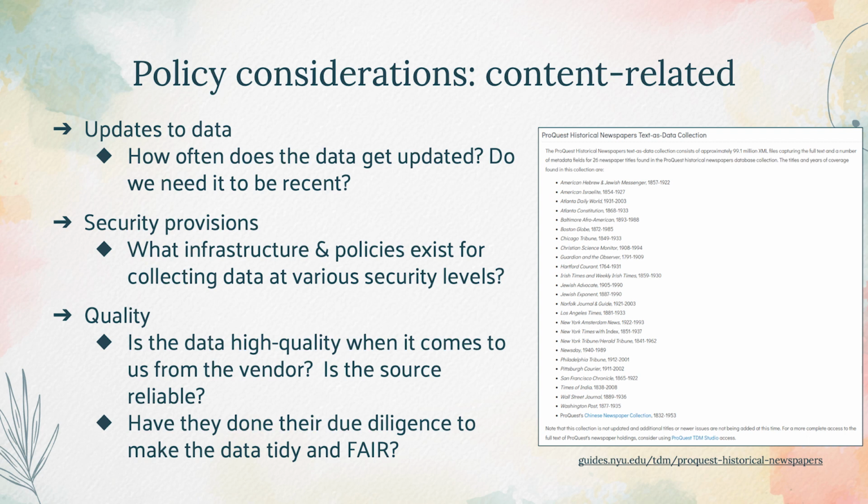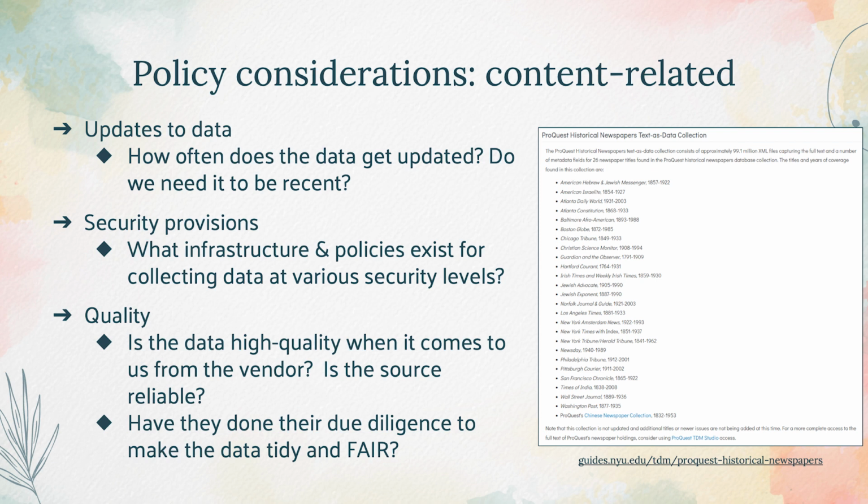Like at NYU, we license something called L2, which is a voter file. So it contains information about voters on the individual level. It's highly identifiable. And this is something that we have to obviously have strict security around. So that's something you definitely want to take into consideration when writing a selection policy or looking at data you might want to collect in a library context.